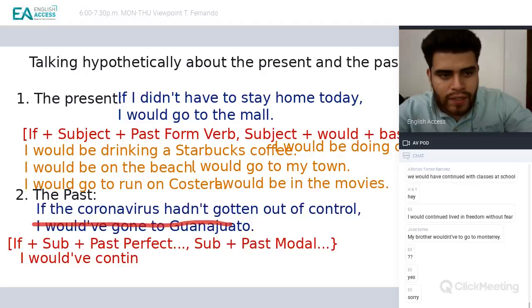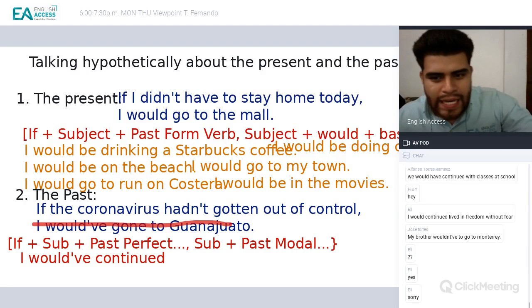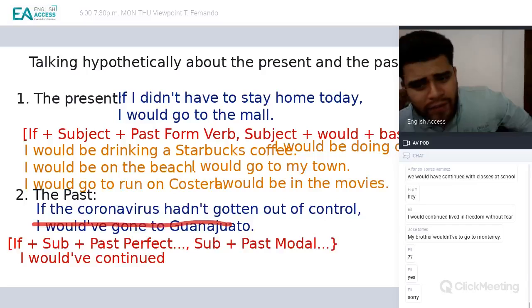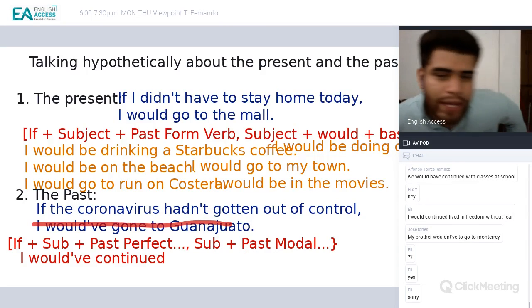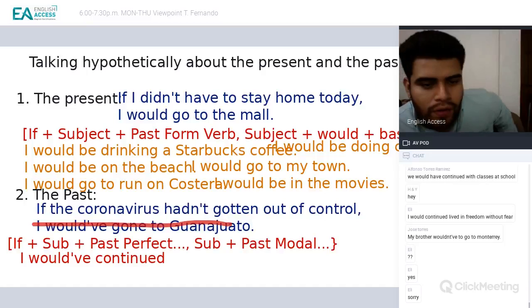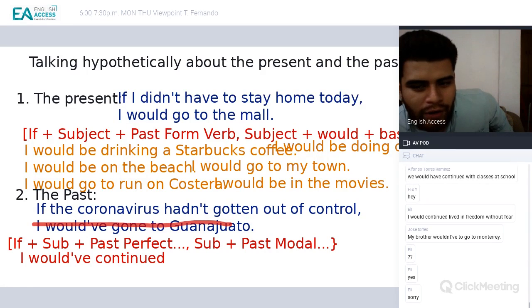I would have continued. After continued, you need the verb ing. So what would be the correct thing there? I would have continued, verb ing.